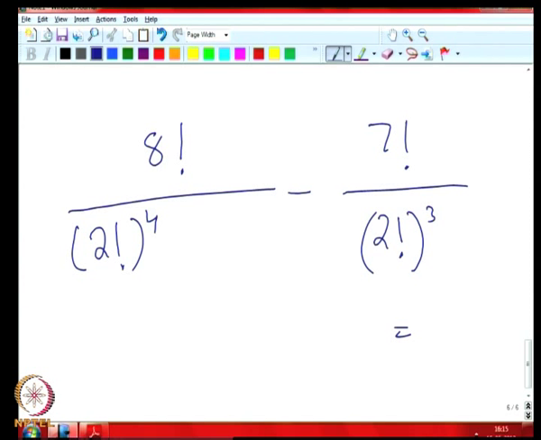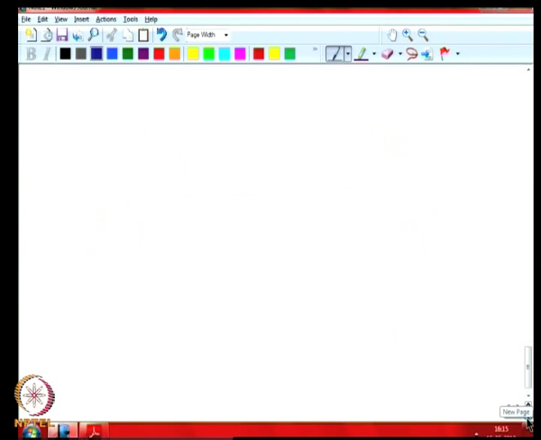How will you express the idea that two A's should come together? One way is to just say that instead of two A's we call it A dash, and after getting the permutations, A dash is substituted by two A's, right. So, this is a useful trick which you can remember.